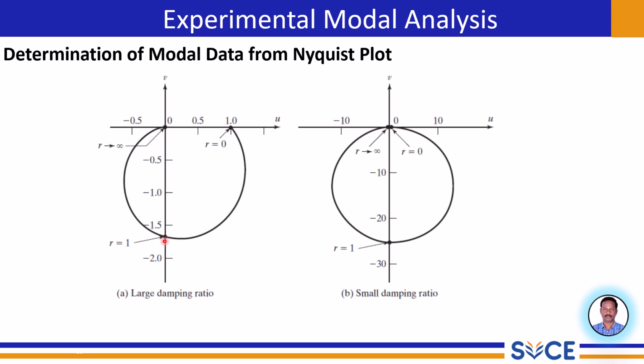In other words, for smaller damping, if the curve around 1 has a sharp peak or a tall, narrow shape, and the distance from the origin to the peak is very large, it indicates a small damping ratio. The taller and narrower the peak, the smaller the damping ratio. In essence, a larger distance from the origin to the resonant region on the Nyquist plot generally corresponds to lower damping.